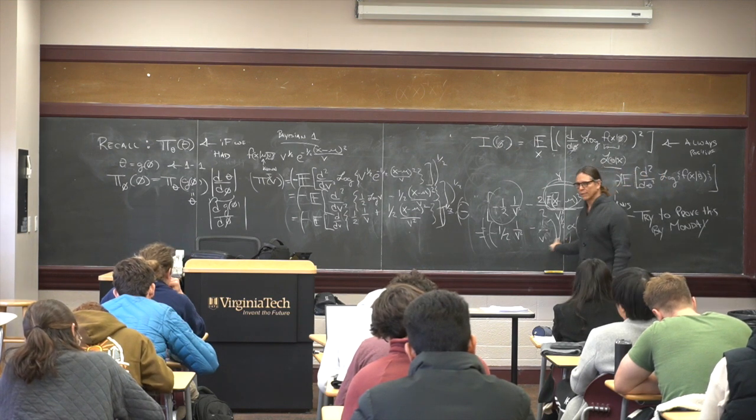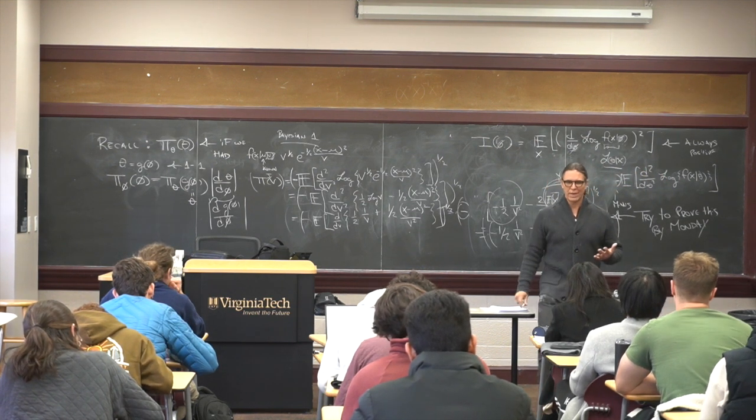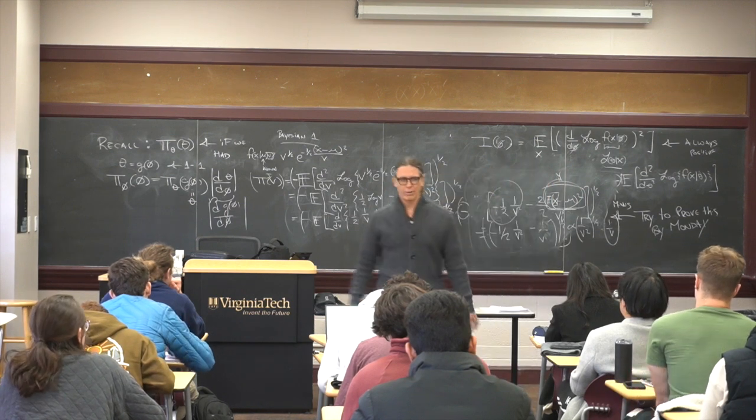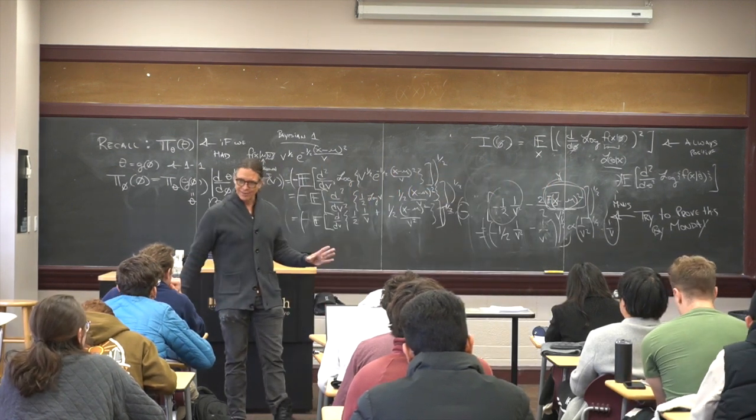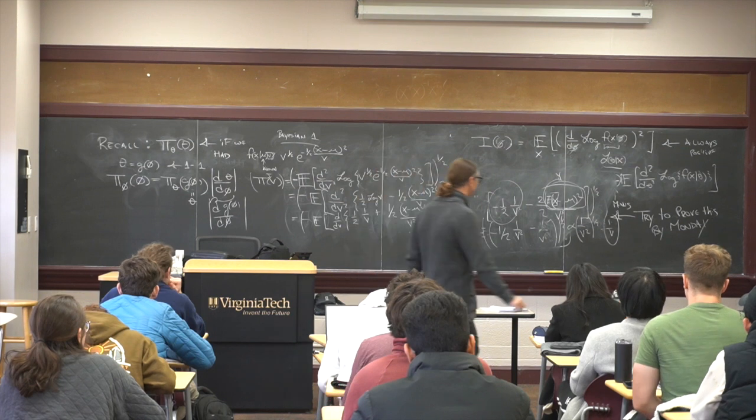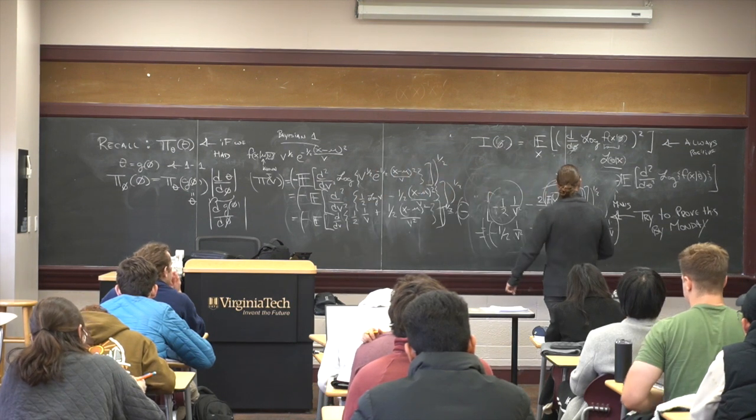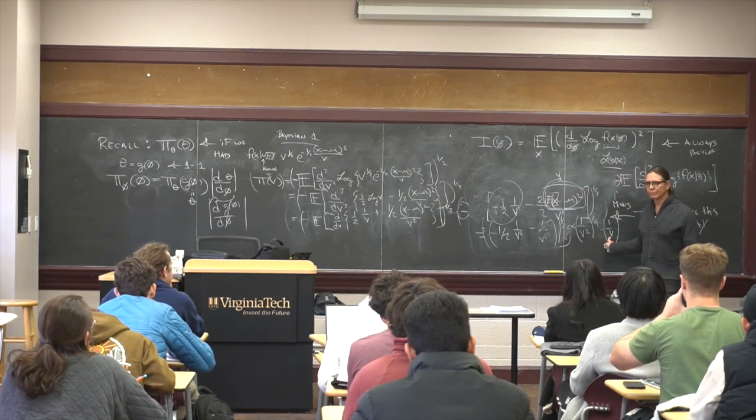It's proportional to it. So check for that minus sign. If you do have a minus sign up here and you can't get rid of it, you've made a mistake. So this is our Jeffreys prior.